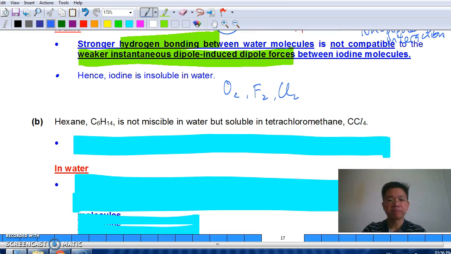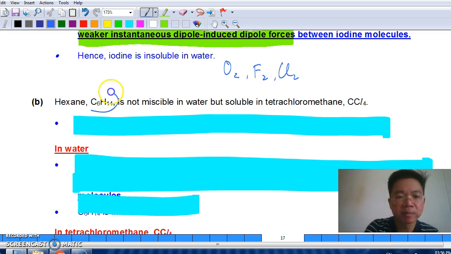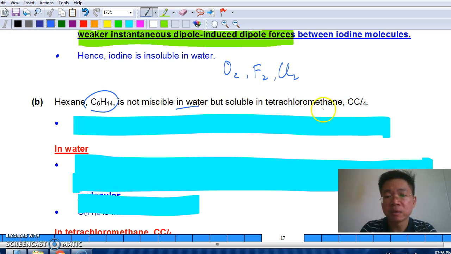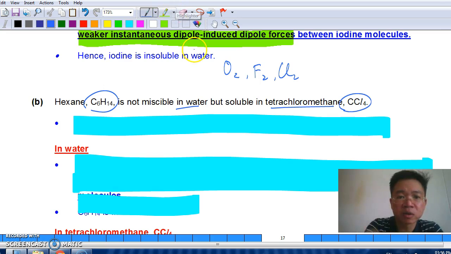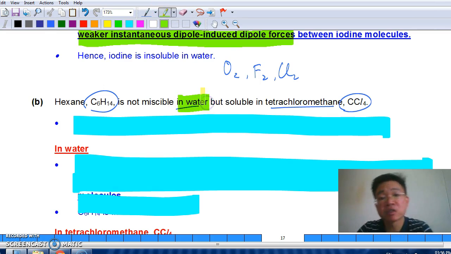Alright, part B. Hexane is not miscible in water, that means it cannot dissolve in water. But it is soluble in a solvent called tetrachloromethane, CCl4. Let's consider the type of forces of interaction. Water you're familiar with, so we will not talk about water. Anything that dissolves in water needs to form hydrogen bond or ion-dipole interaction. How about hexane?